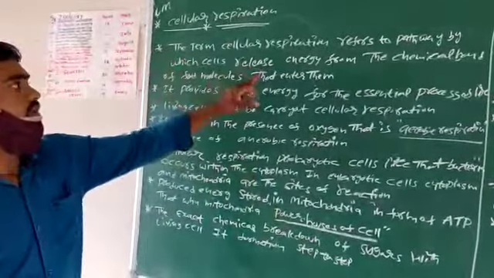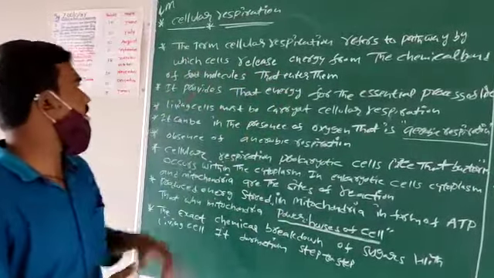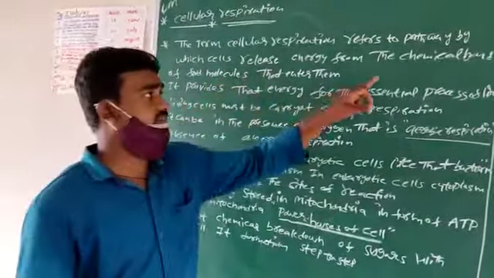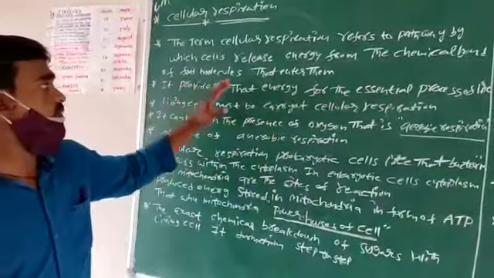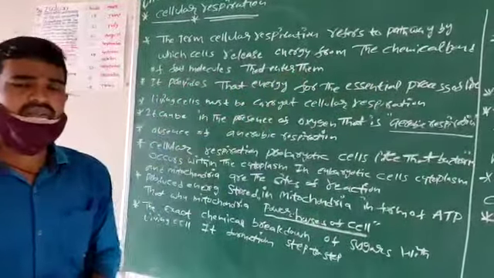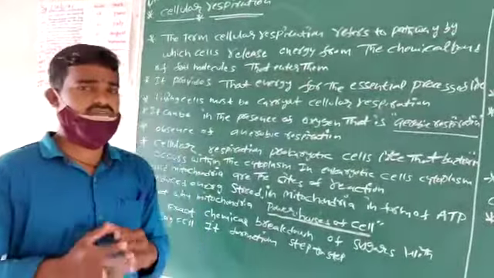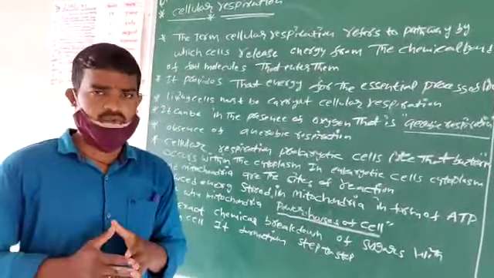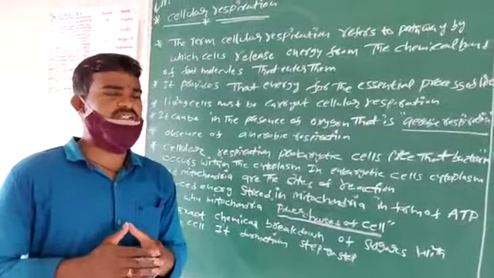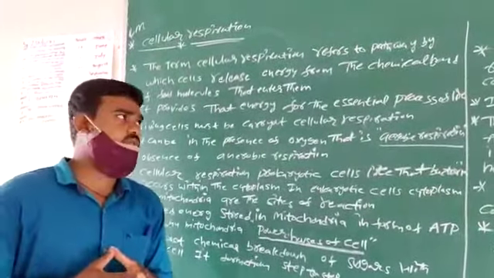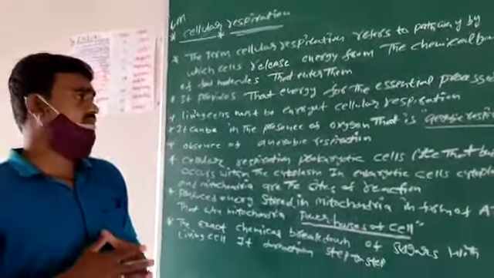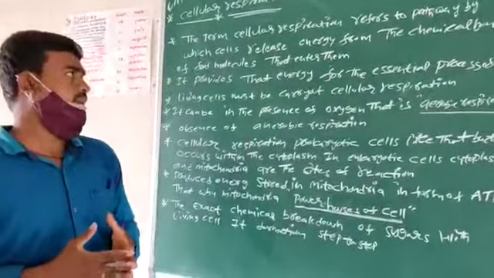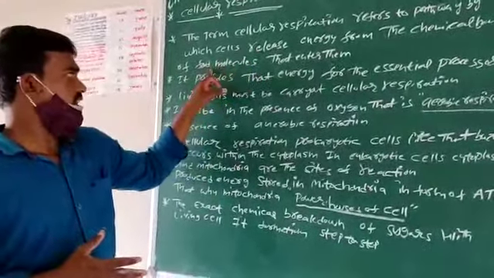The term cellular respiration refers to the pathway by which cells release energy from the chemical bonds of food molecules that enter them. When we take different types of food items, they are used for body growth and development. In the previous classes, 5th class and 6th class, we discussed this.